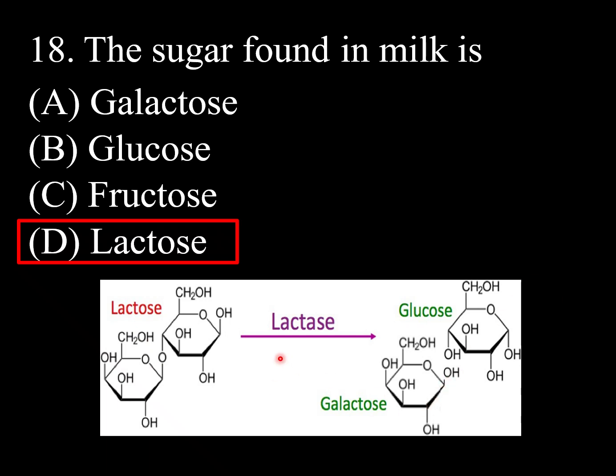In some cases, lactase deficiency occurs. If lactase is not present in the body or not synthesized properly, lactose will not be able to hydrolyze. Then it leads to indigestion of milk. In some children and some people, they have milk indigestion because of the deficiency of the lactase enzyme.